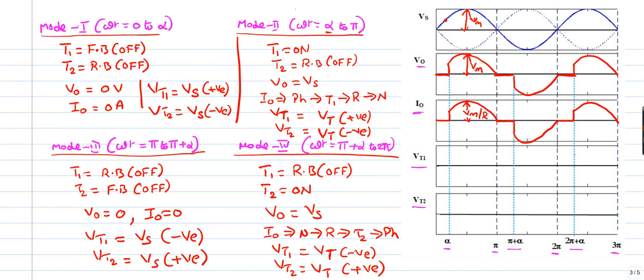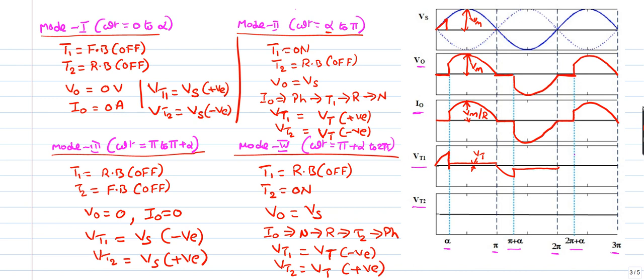Now when it comes to the Thyristor voltage, during mode 1 Thyristor 1 voltage is plus Vs, so this part, and in mode 2 it is the on state voltage drop, it is not 0, so this is your Vt. During mode 3 minus Vs, during mode 4 minus Vt.